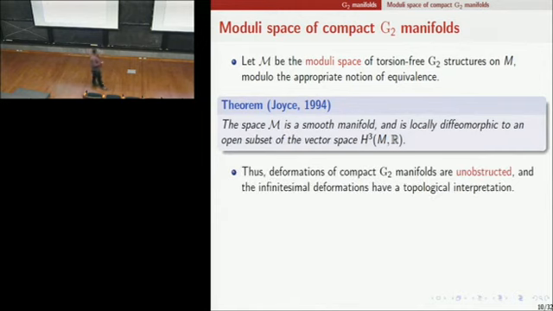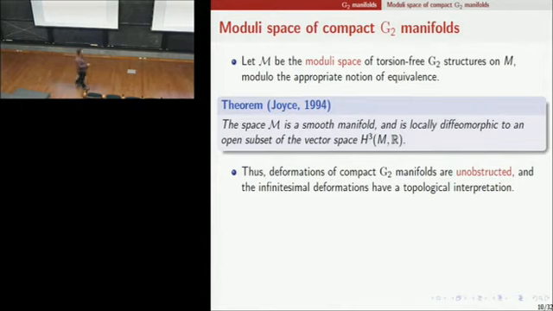Okay, so the important thing about this theorem is that the deformation theory of compact G2 manifolds is unobstructed. And the infinitesimal deformations have a topological interpretation. So the tangent space to the moduli space at a particular equivalence class is naturally identified with the harmonic 3-forms, harmonic with respect to the metric at that point on the moduli space.